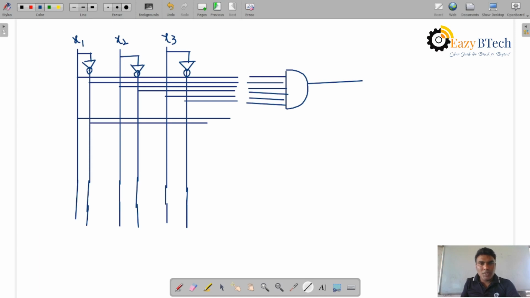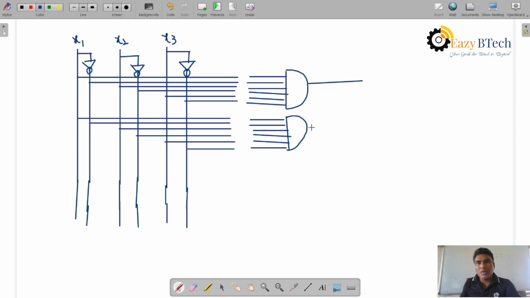Fuse connections 1 and 2, then 3, 4, 5 and 6. So 1, 2, 3, 4, 5 and 6 fuse connections. According to the program and the logic, the fuses are connected according to the product terms.